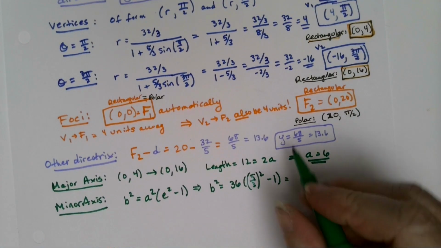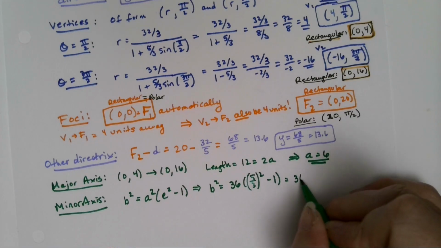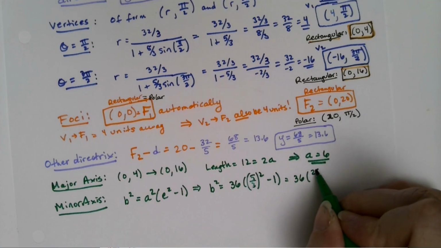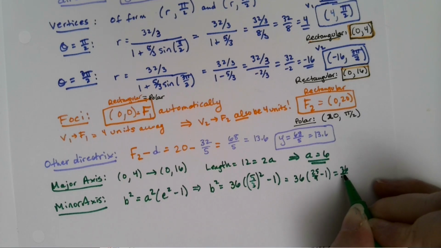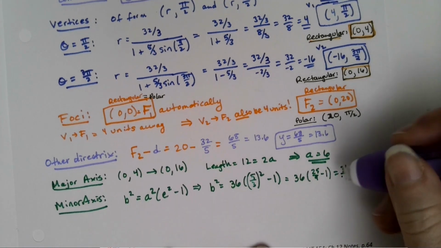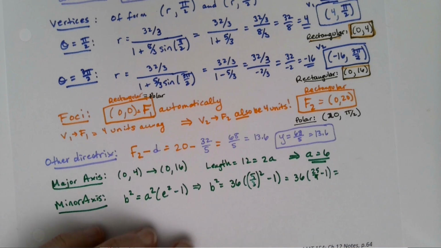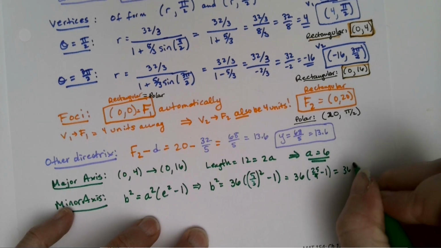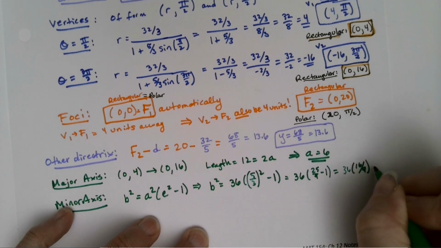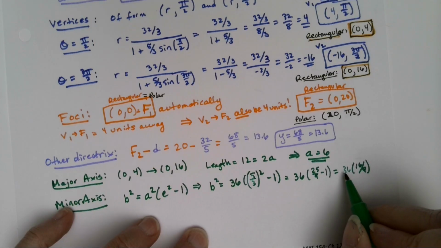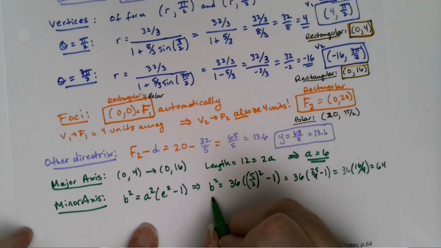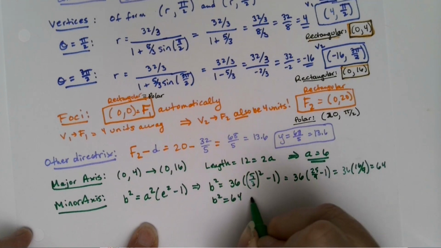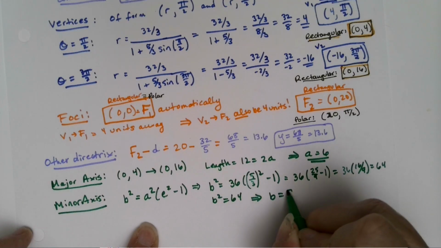Okay, so that's 36 times 25 over 9, take away 1, which is 36 times 16 over 9. 9 goes into 36 4 times. 4 times 16 makes 64. So if b squared is 64, that means that b is 8.